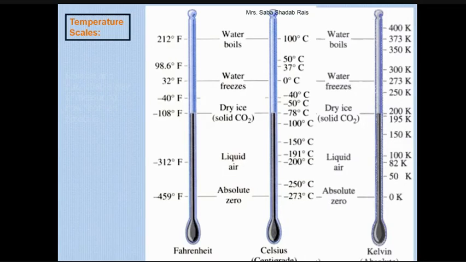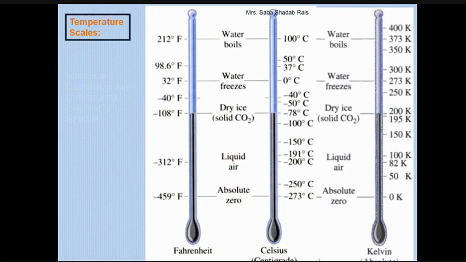Then the last scale we learned was the Kelvin scale. We know the Kelvin scale has the beauty of giving the absolute zero value, meaning whatever zero we are getting is due to the Kelvin scale only.